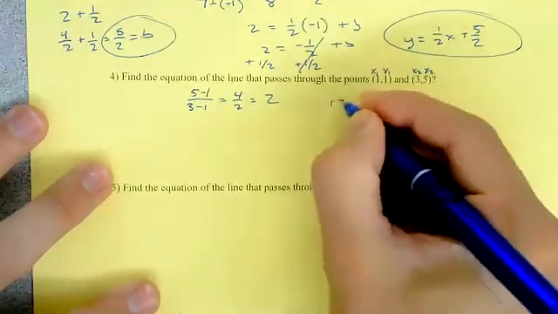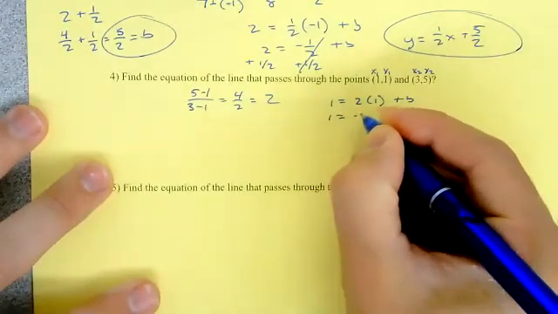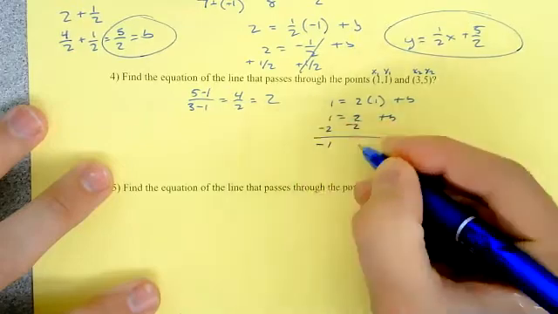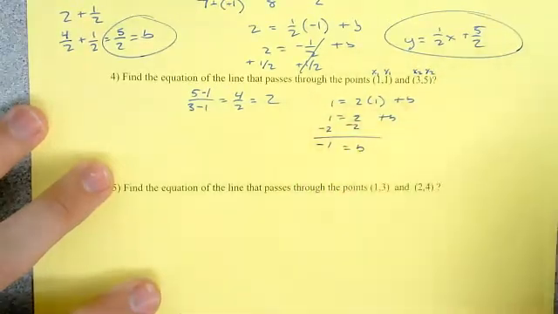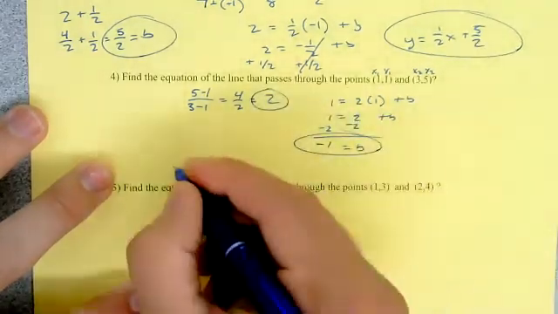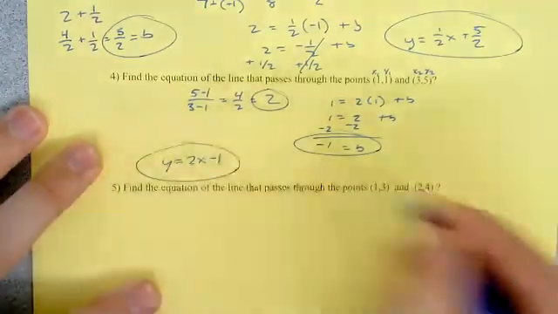And I'm going to plug in the first one. Get y equals 2 plus b. Subtract 2. Get negative 1 for my b value. So again, slope, y-intercept: y equals 2x minus 1.